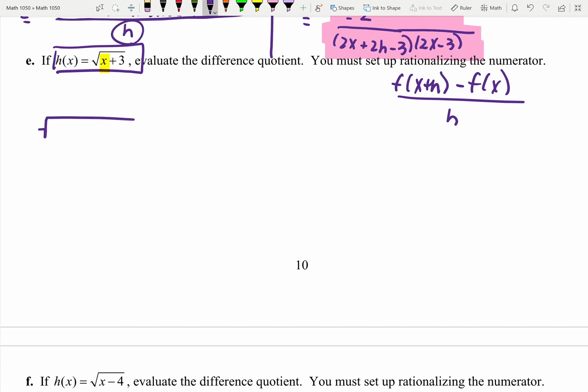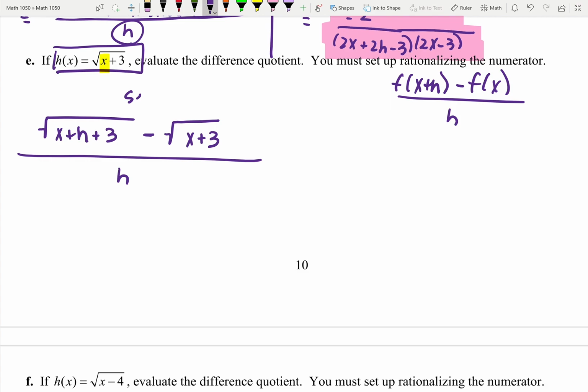So you go the square root of x plus h plus 3. Subtract f of x, which is the square root of x plus 3, and then the whole thing is over h. Okay, so that is your setup. Write that down. That is setting it up.